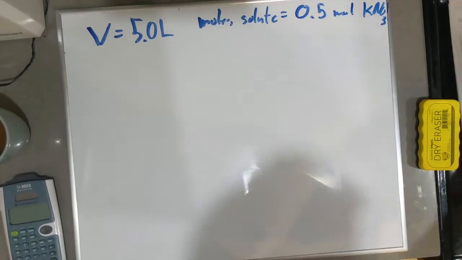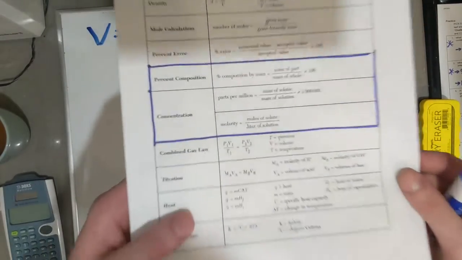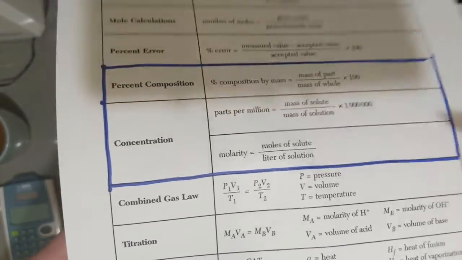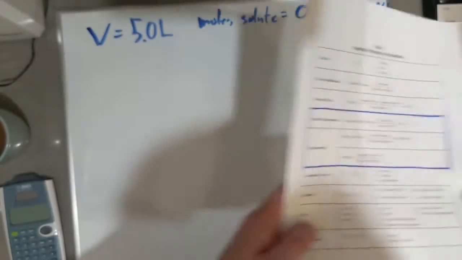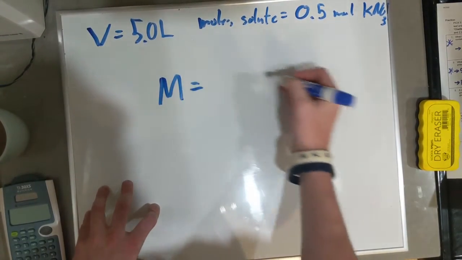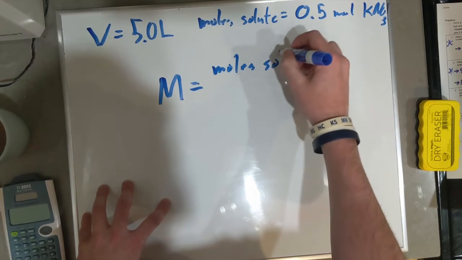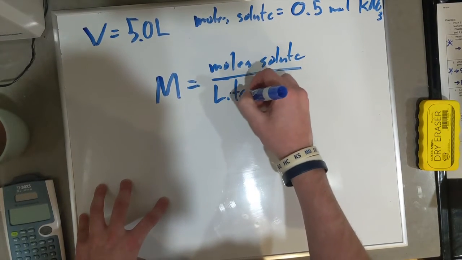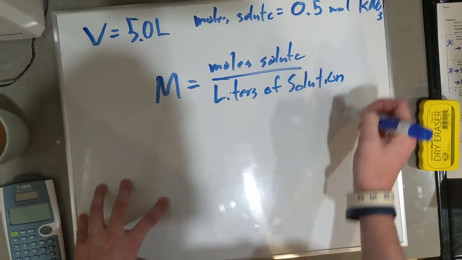So, if we look at our equation for molarity, the equation for molarity is moles of solute divided by liters of solution. We have moles of solute and we have liters of solution. So molarity, capital M, equals our moles of solute over liters of solution.